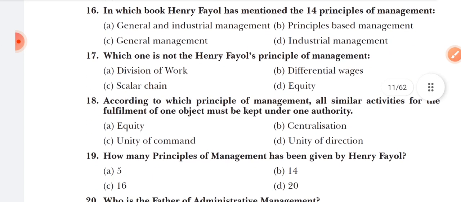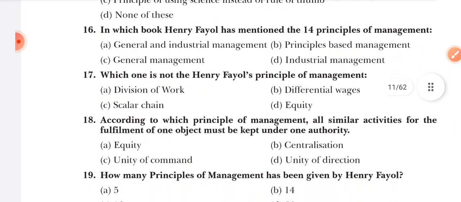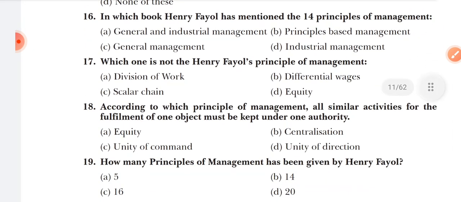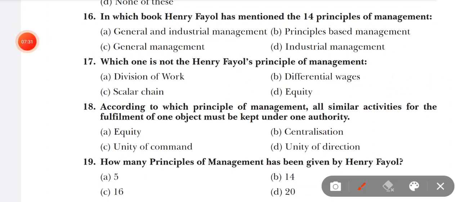Now question 19. How many principles of management have been given by Henry Fayol? And the correct option of this question is option B, 14.